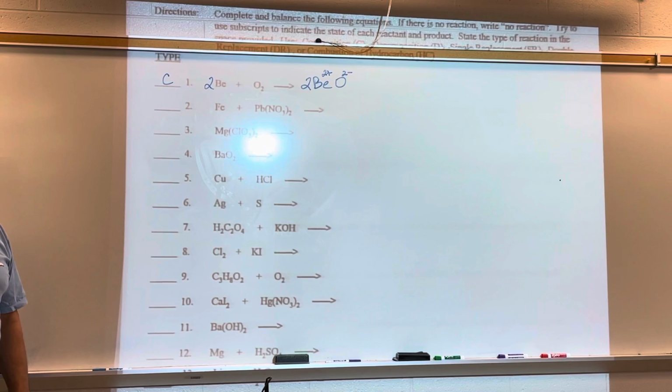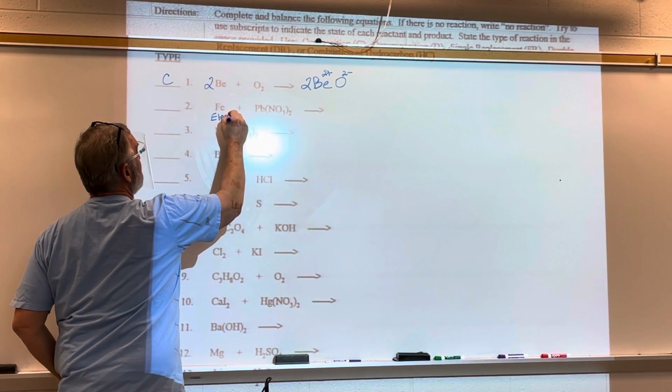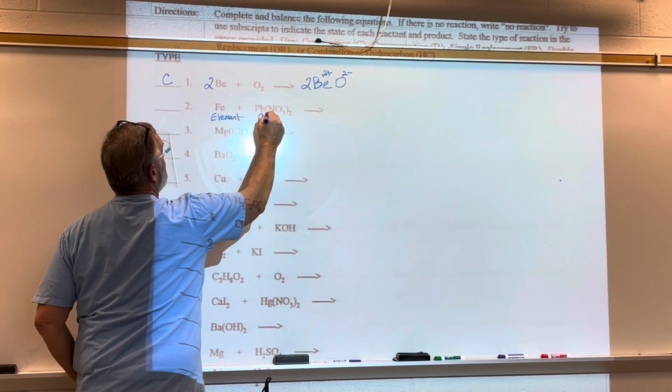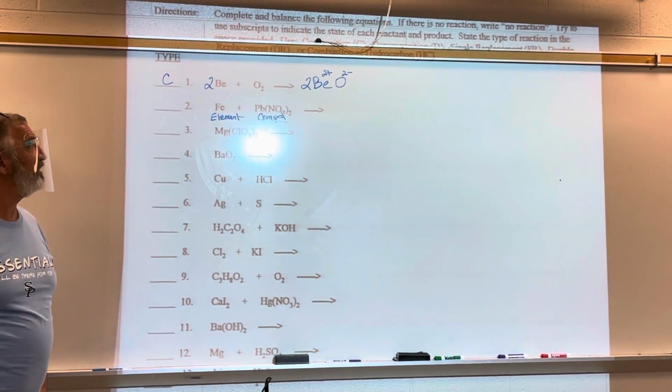Now, what's the second type of reaction? Number 2. How do you know that that's single replacement? There's a compound and a single. That's right, it's an element plus a compound. That's how you know.